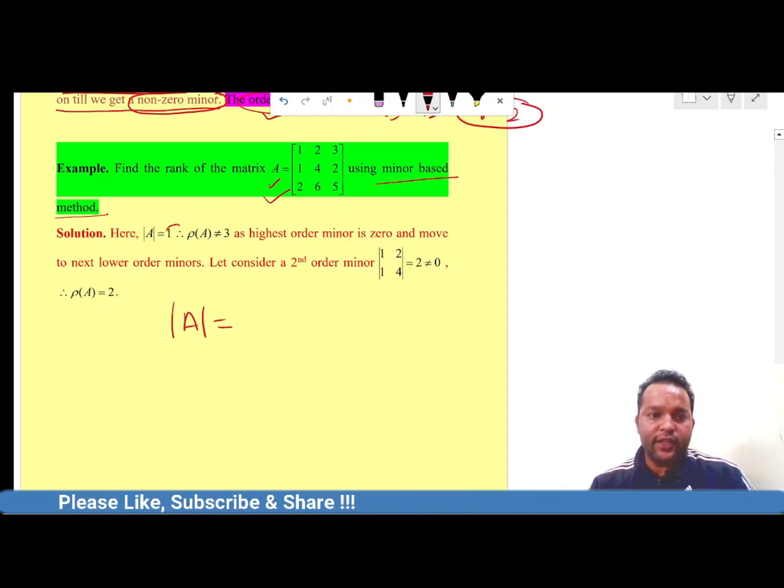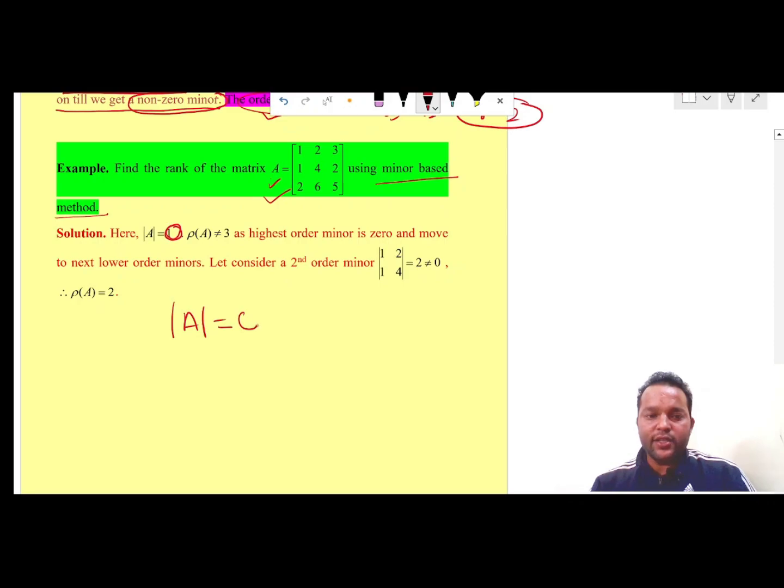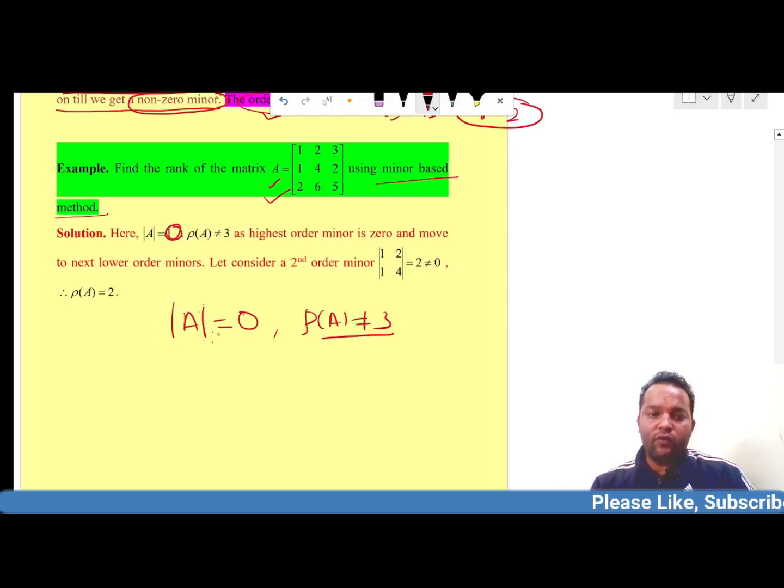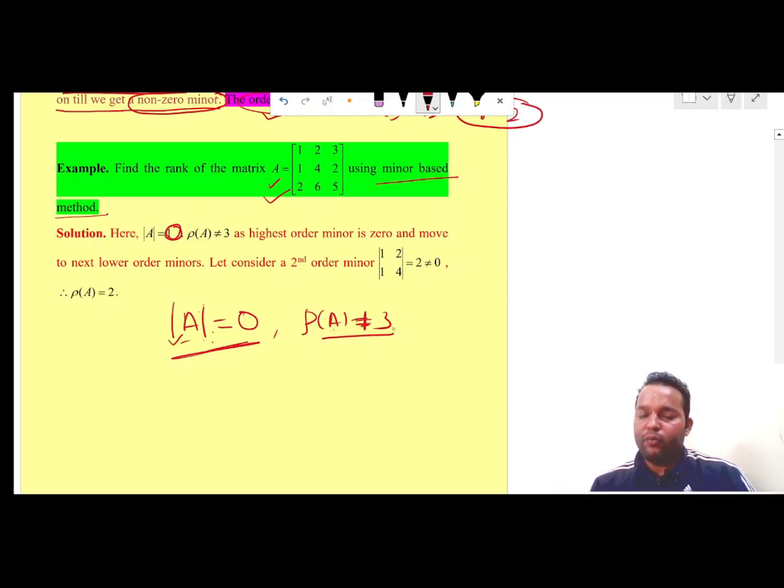Since the determinant value of this matrix is obtained as 0, the rank of the given matrix cannot be 3, as all the minors of highest order are exactly 0.